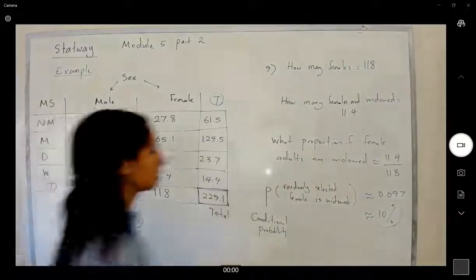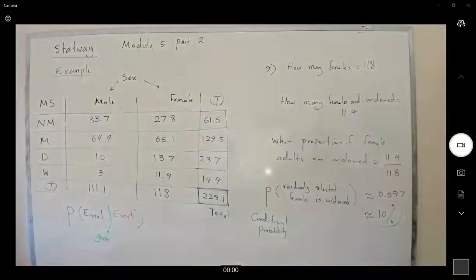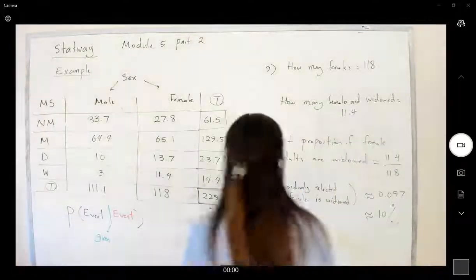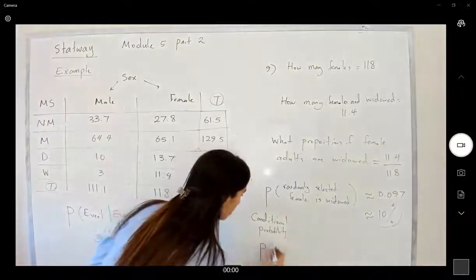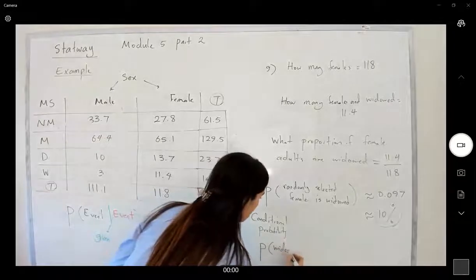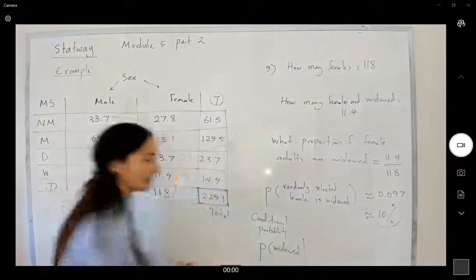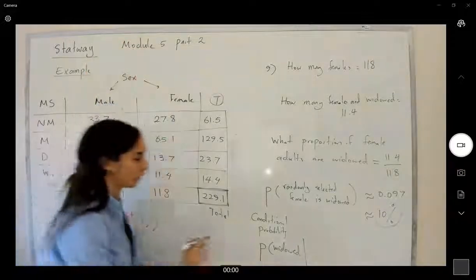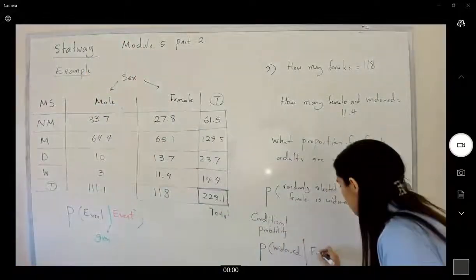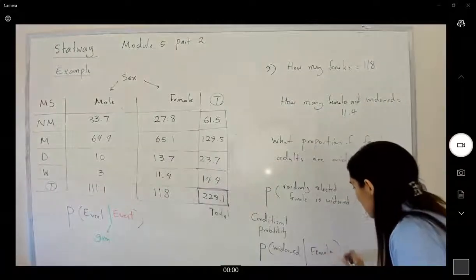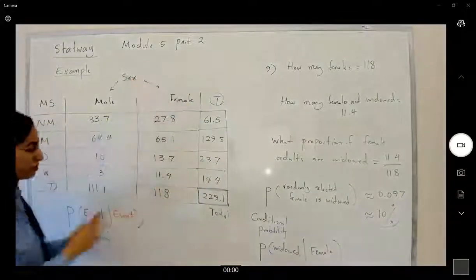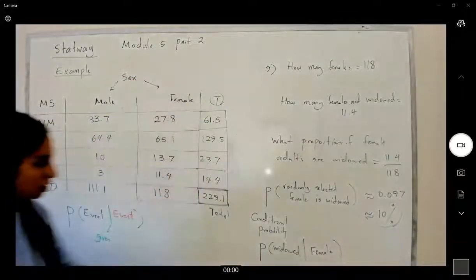So in this case, you have widowed given that they are female. So this is the probability of widowed given that you already know that you are focusing on the female category. Given that you know that person is coming from the female category. So this is a conditional probability.